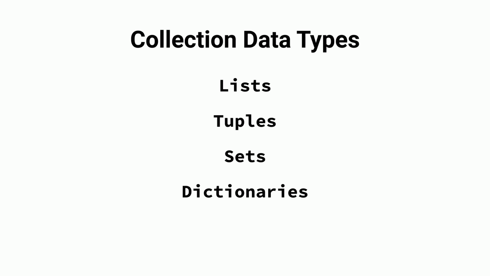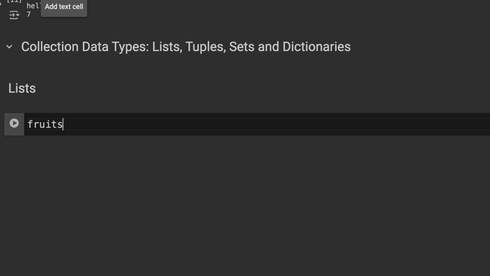Now, let's dive into collection data types, which include lists, tuples, sets, and dictionaries. These types allow us to store multiple items in a single variable. Starting with lists, lists are ordered and mutable, meaning you can change their content.